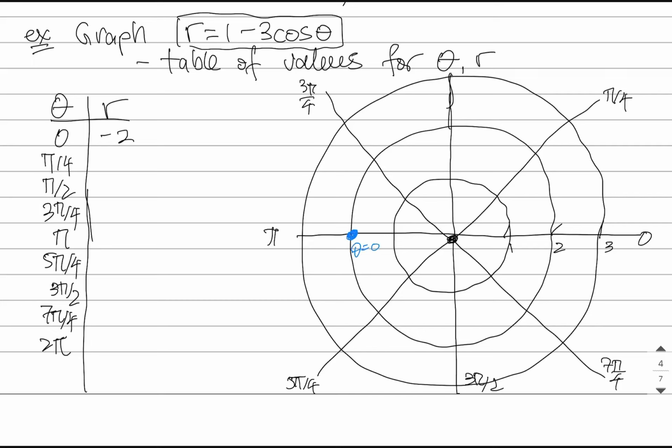Now what I need to do is calculate some of these other points. When my angle is pi over 4, I put pi over 4 into cosine. I get 1 over root 2. So I'll get 1 minus 3 over root 2.